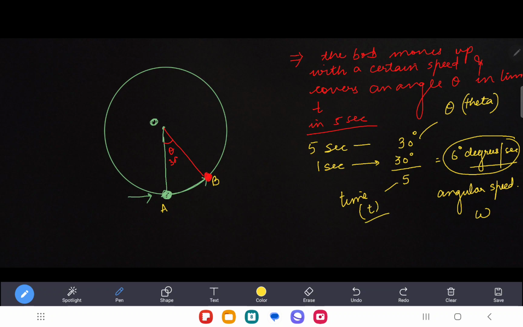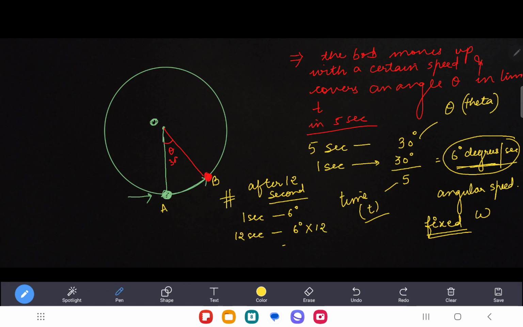Now if you know the angular speed, and this is a fixed angular speed for a particular body undergoing circular motion, tell me after 12 seconds, where do you think the body would be? Every second it is traveling 6 degrees, so after 12 seconds it would be 6 into 12, that means 72 degrees away from the starting position.